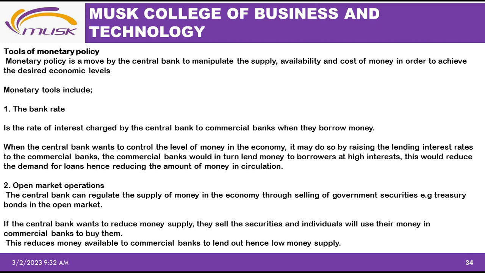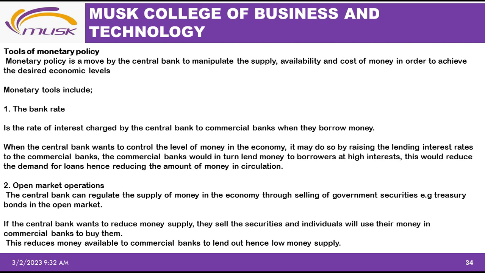Tools of monetary policy. So there are different tools that we adopt. The monetary policy is what the central bank does in order to manipulate the supply, availability, and cost of money. So we have the bank rate as one of the tools that the central bank uses, which is the rate of interest charged by the central bank to commercial banks when they borrow money.